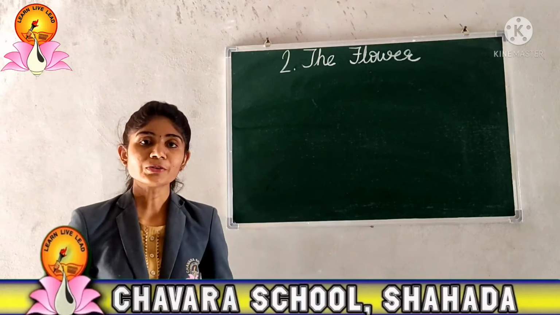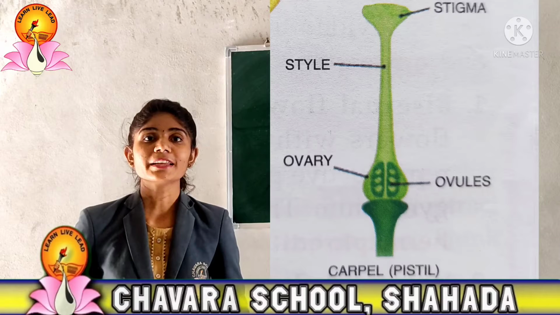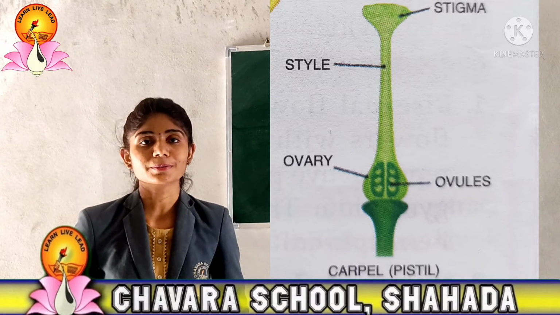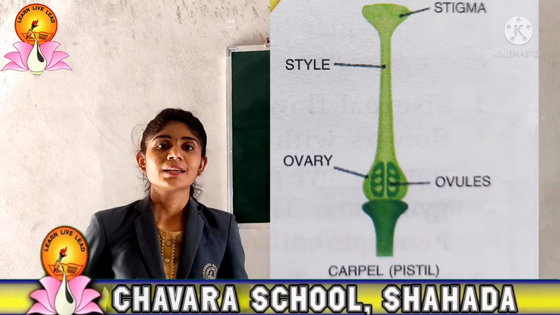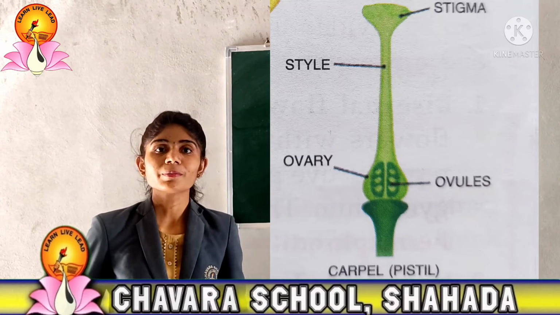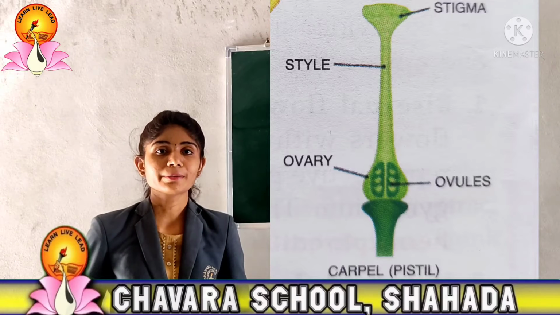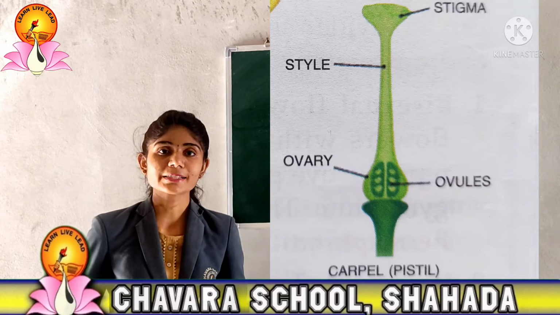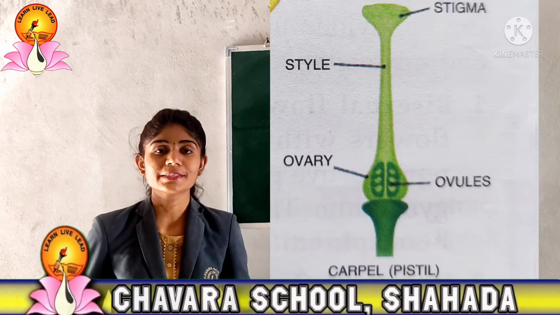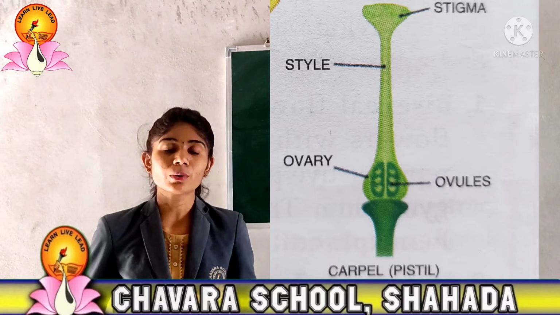Next, gynoecium. It is the fourth and innermost whorl of the flower. It is made up of carpels. The carpel consists of three parts, such as the ovary at the base, the tube-like structure called the style, and the style arises from the ovary.